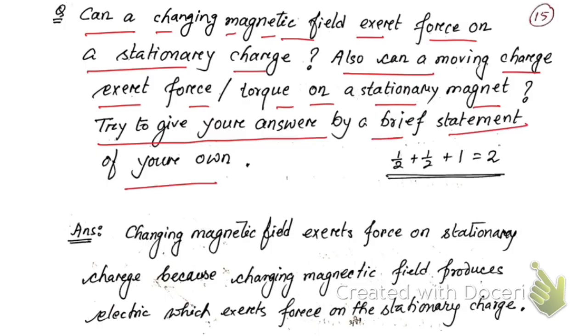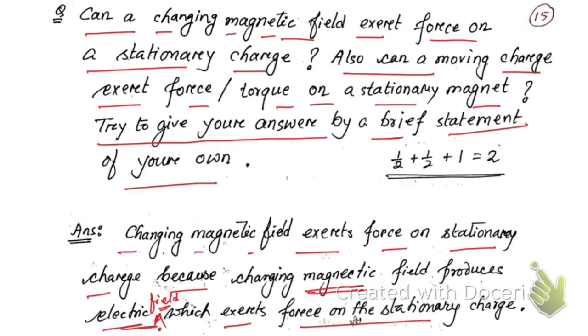Now you see, changing magnetic field can exert force on stationary charge because changing magnetic field produces electric field, and electric field exerts force on stationary charge, right?